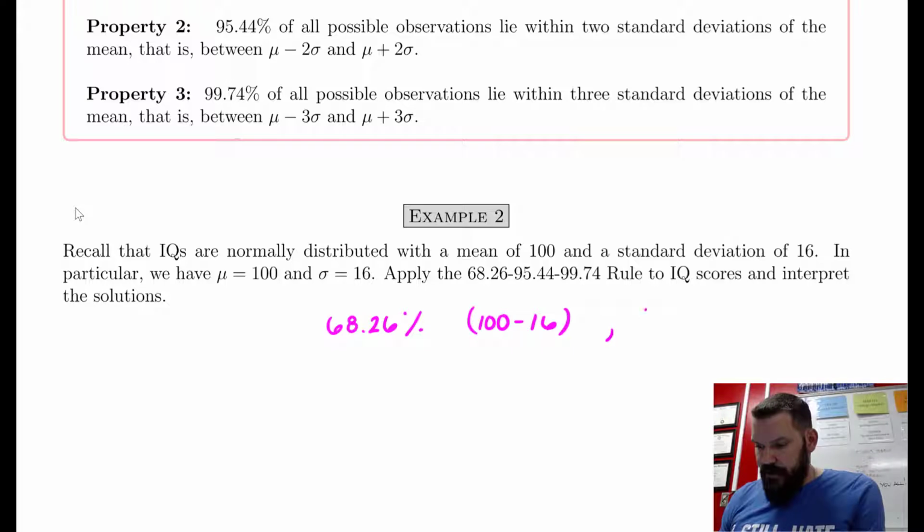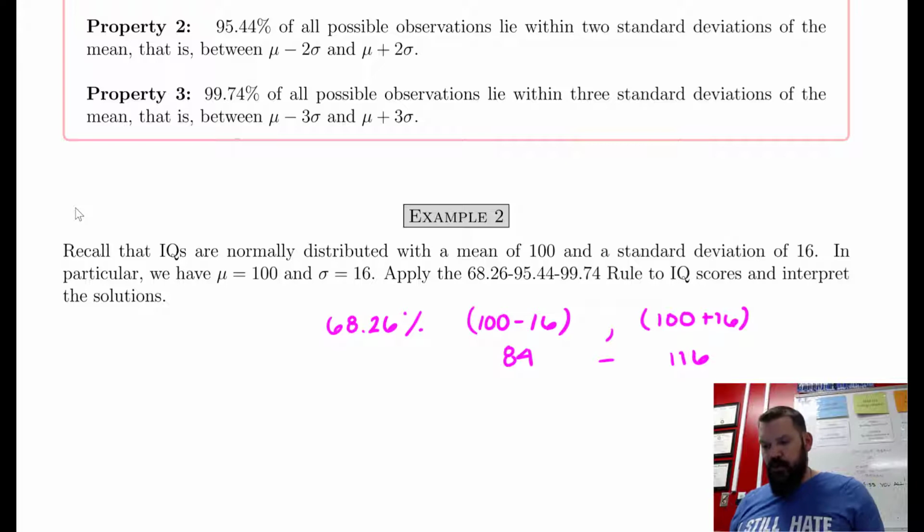The right upper bound is 100 plus 16. So that's 1 standard deviation to the right. So what we get is 84 to 116. What that tells us is that 68.26% of the population has an IQ between 84 and 116.